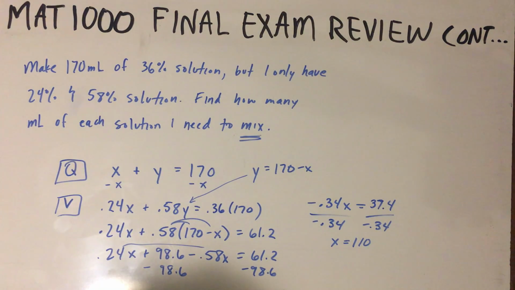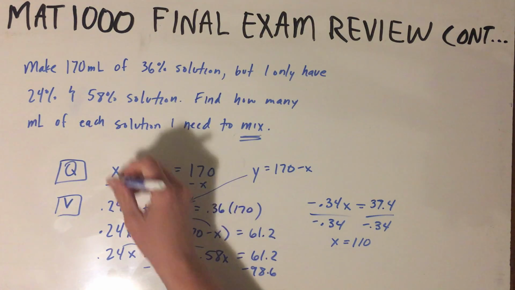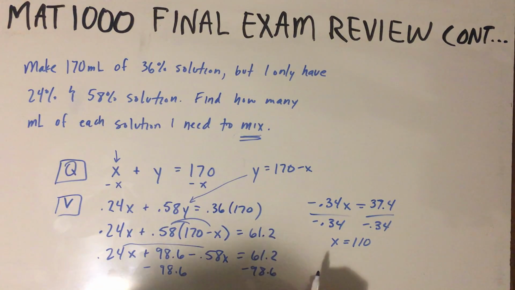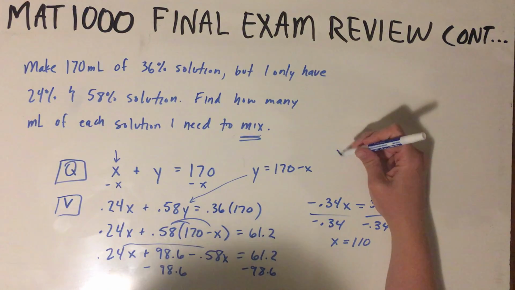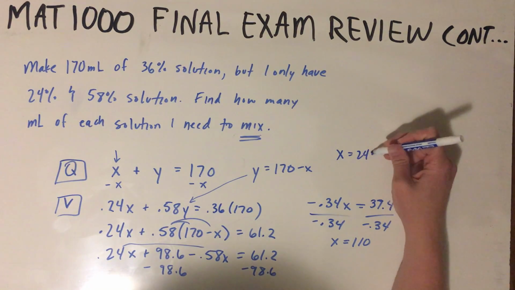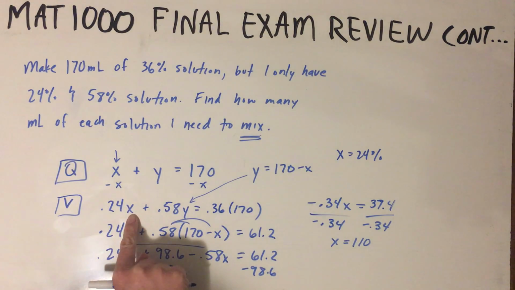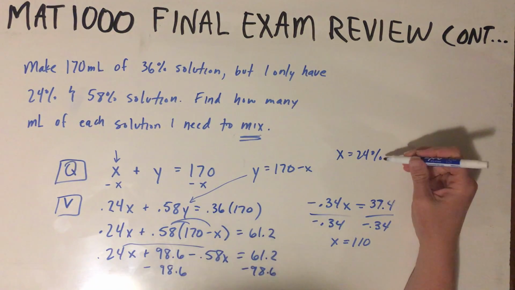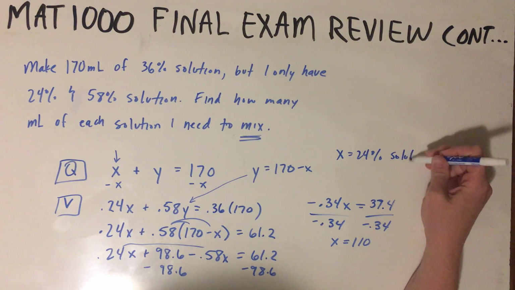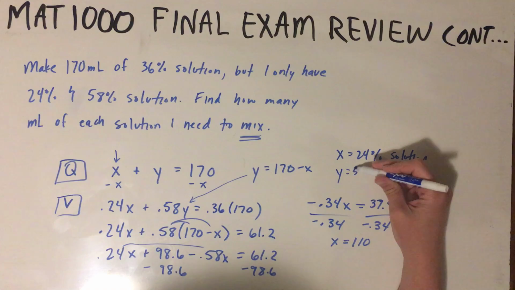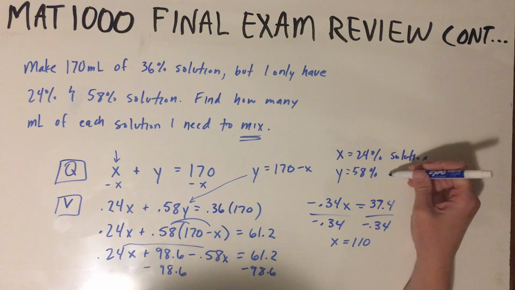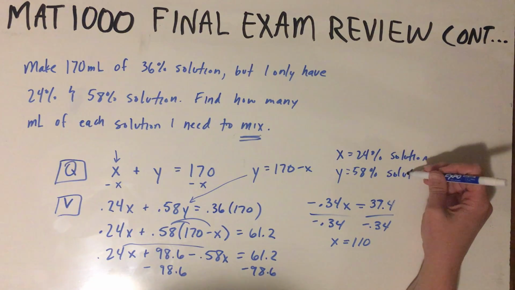Okay, well, what does this 110 mean? This 110 means the quantity, so that's what we said. This is our quantity statement. So x stands for the quantity of the 24% solution, because that's the percentage that I attach to x. And y is going to be the quantity of the 58% solution.